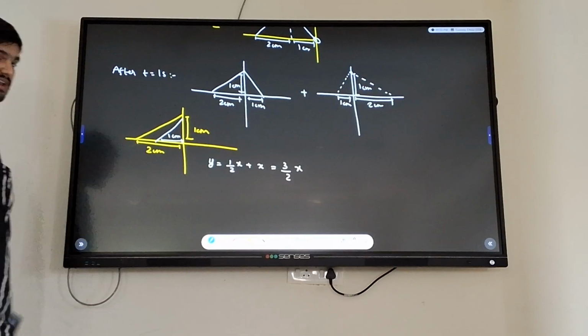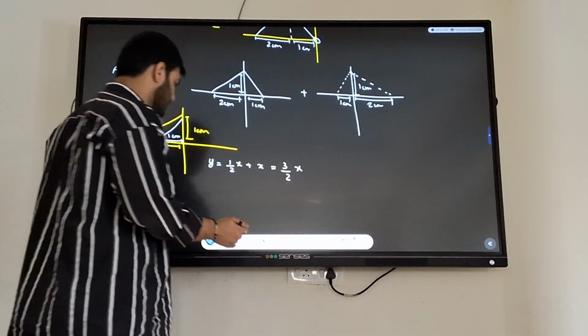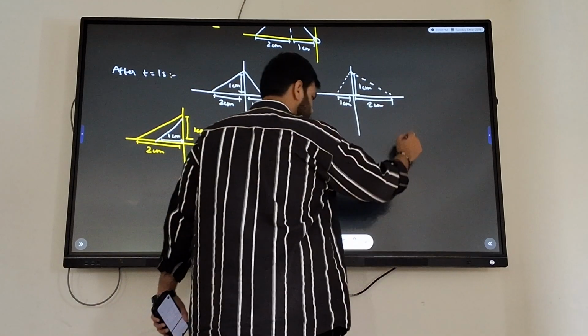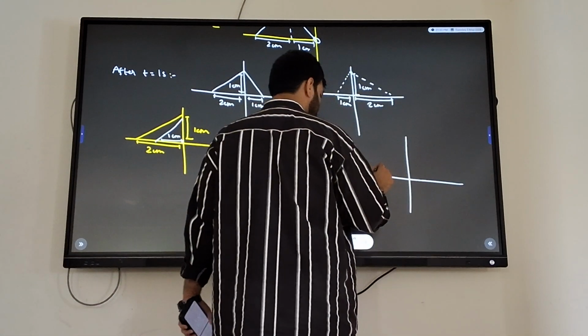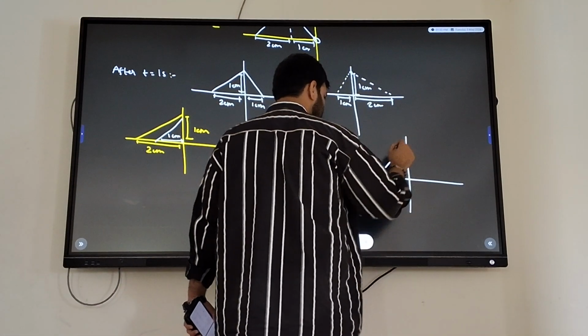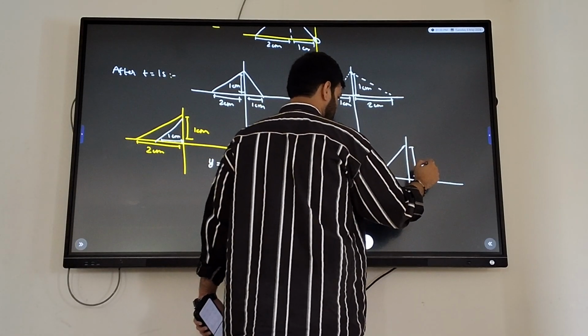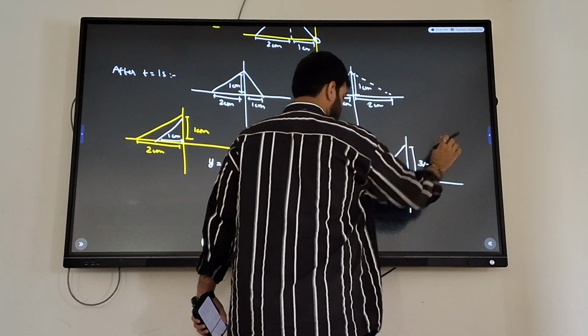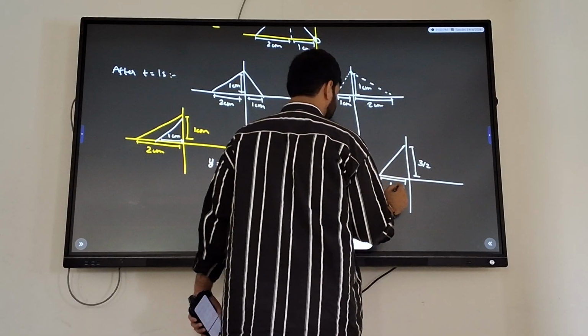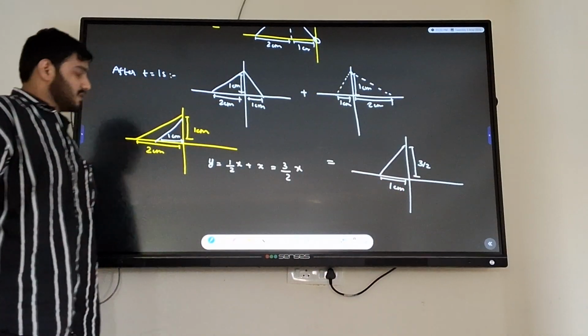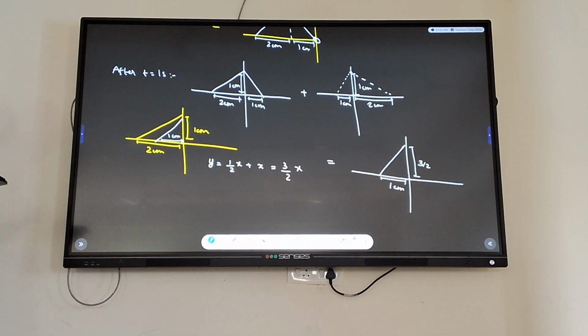So then what should the final form look like? The final wave on the left side, okay? How much should it look on the left side? A wave which is something like this. Three by two, 1 centimeter. Let me check.